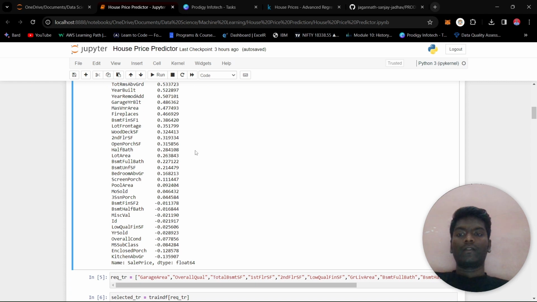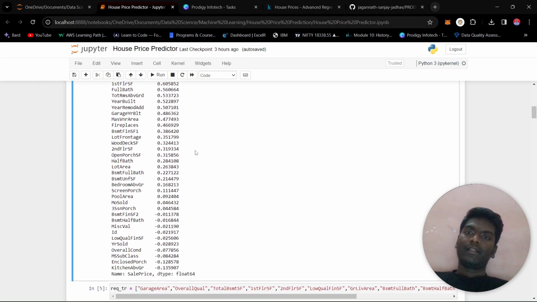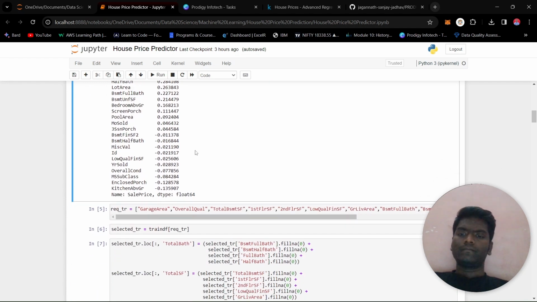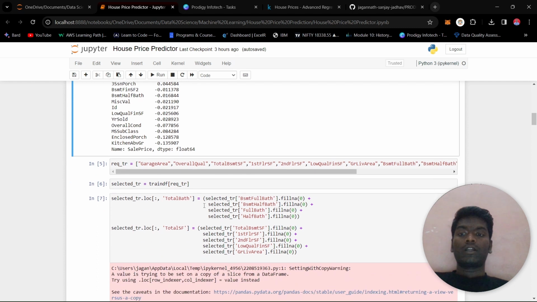I got to know that I have many columns which are strongly correlated to sale price. I have a lot of columns to work with, but what are the required columns?